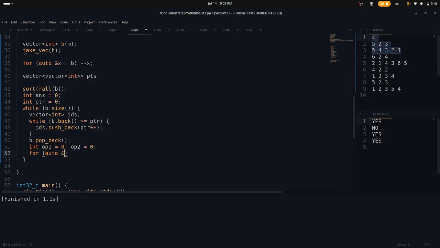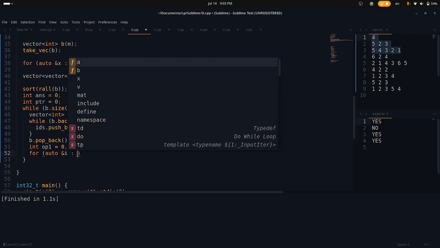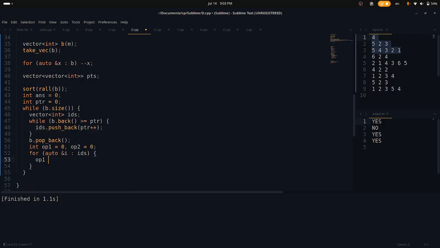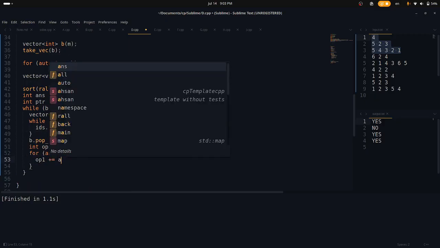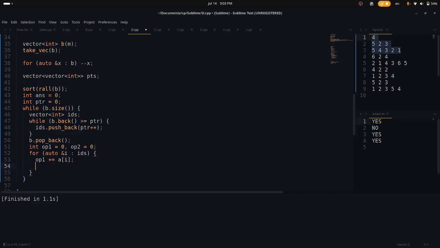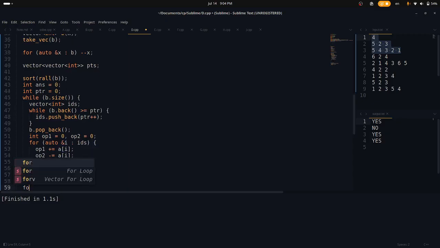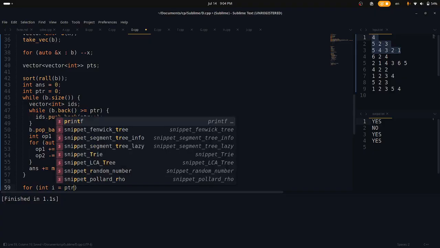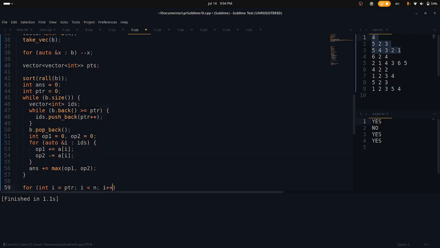For IDs, option 1 is plus equal to b of a of I, option 2 is plus equal to minus a of I. So answer definitely plus equal to max of option 1 and option 2, and in the last we have ptr and I less than m.